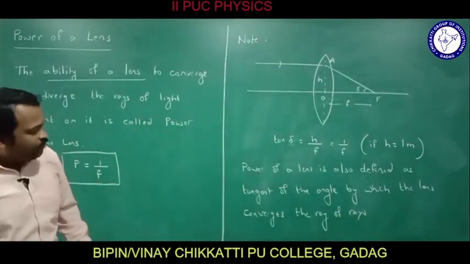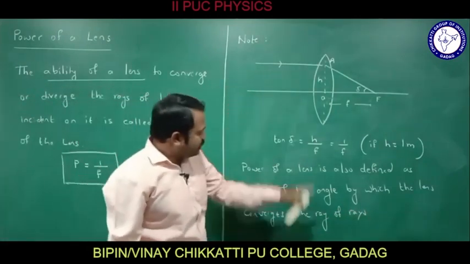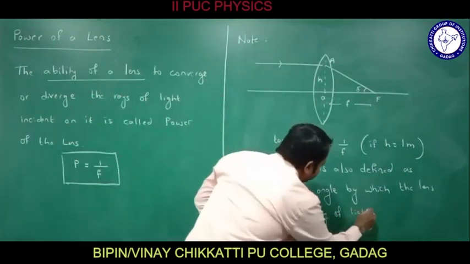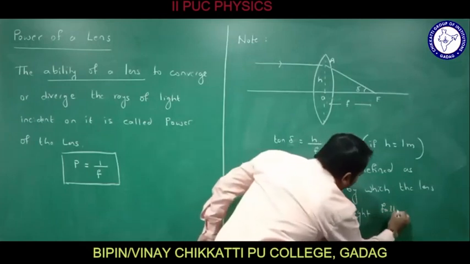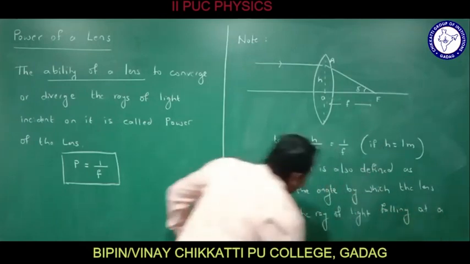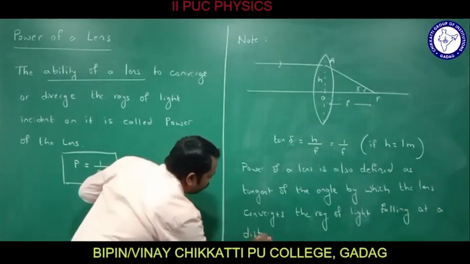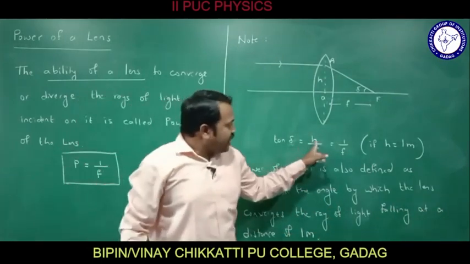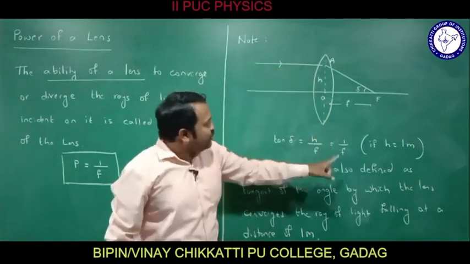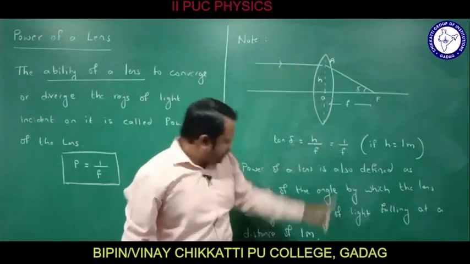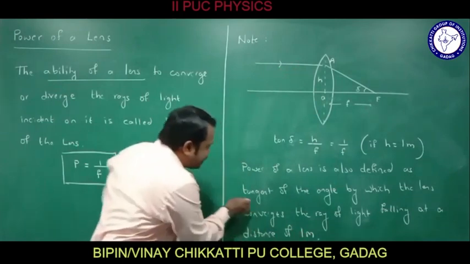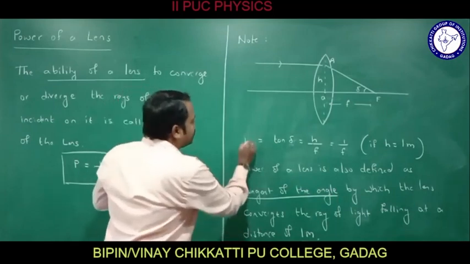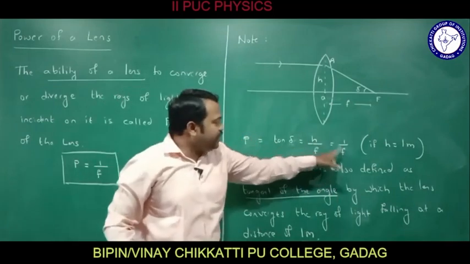See, the angle by which the lens converges the ray of light, the ray of light falling at a distance of 1 meter. If the height, that is the distance of the incident ray from the optic center, is 1 meter, then that tangent of the angle is called power, because 1 divided by F is nothing but power.